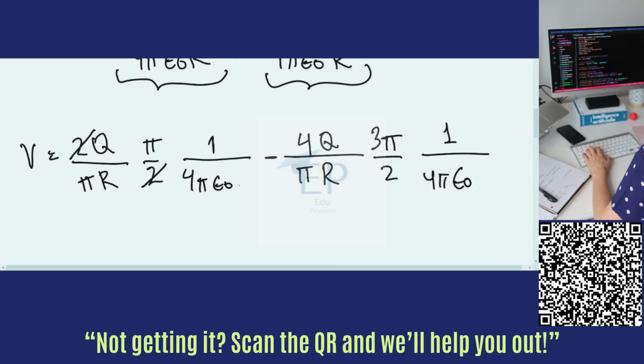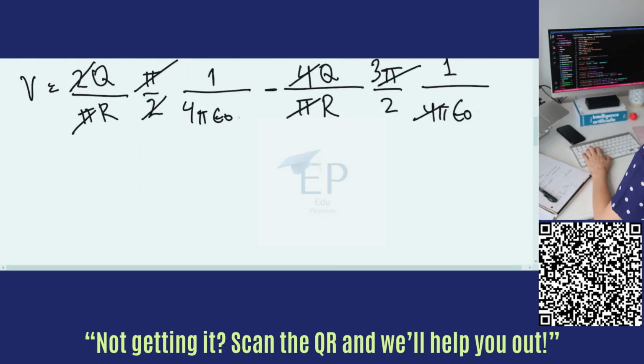We can cancel this with this, this with this, and also in here we will have this with this, and all this with this. So after we subtract these two terms, we are going to obtain minus 5q over 4 pi r epsilon 0. So this is the potential at the center of the circle.